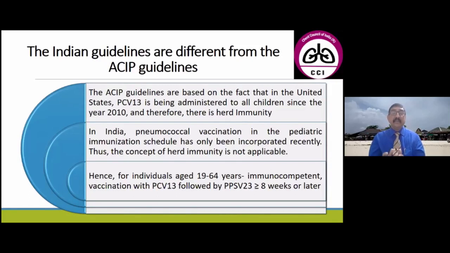So in the Indian population, those who are 19 to 64 years, immunocompetent patients, first you give PCV13. After 8 weeks, you vaccinate with PPSV23. So the PCV13 vaccination first has to be given, followed by PPSV23.